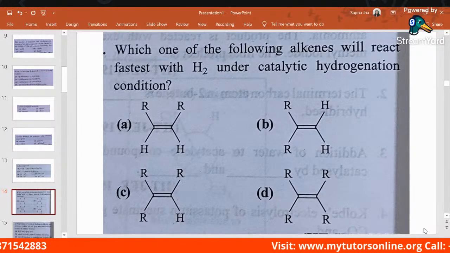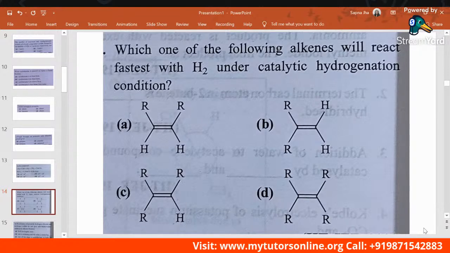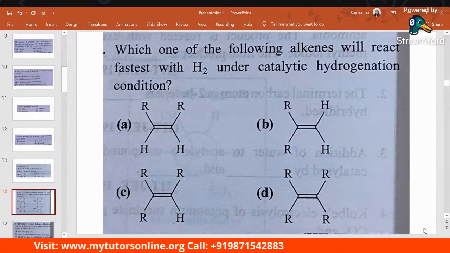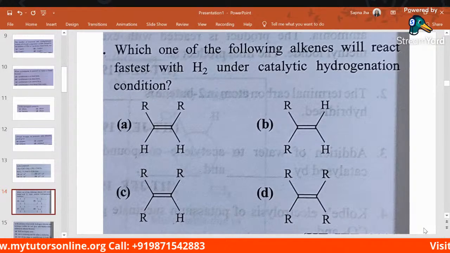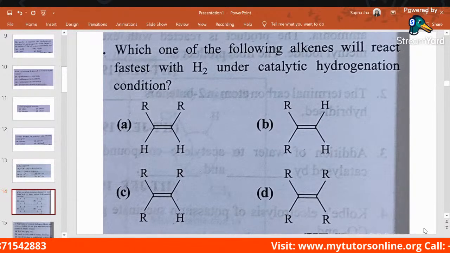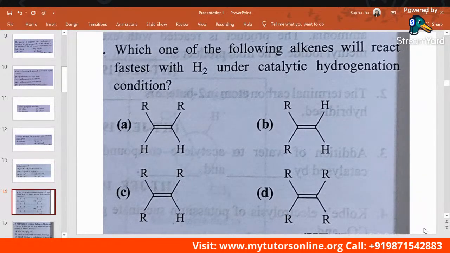Okay, I'm repeating the question once again. Which one of the following alkenes will react fastest with H2, that's hydrogen, under catalytic hydrogenation condition?